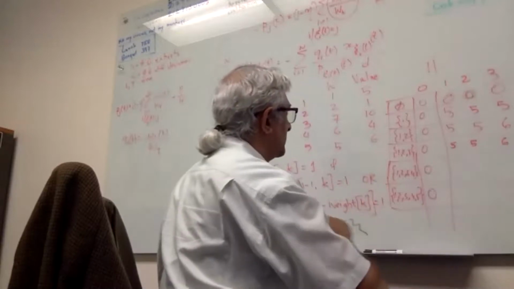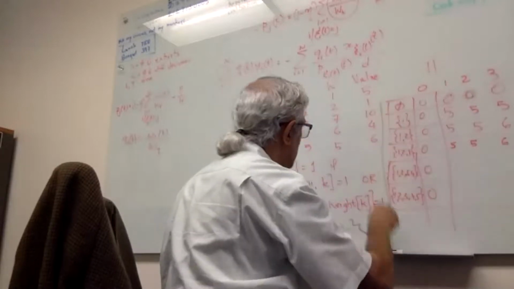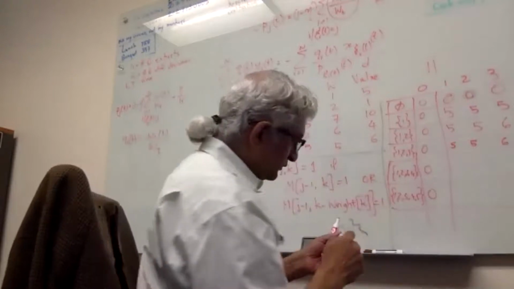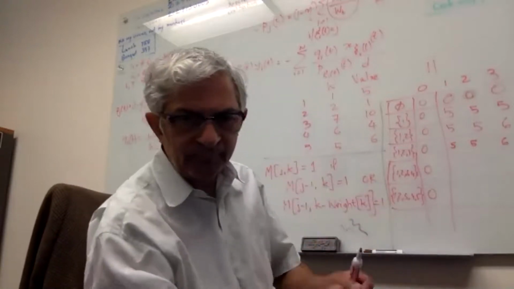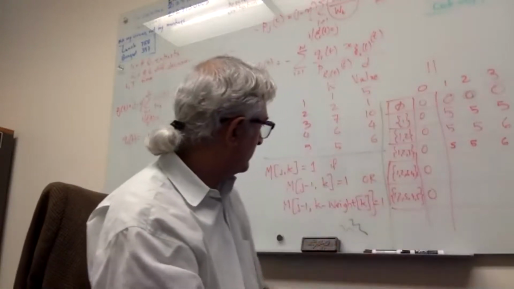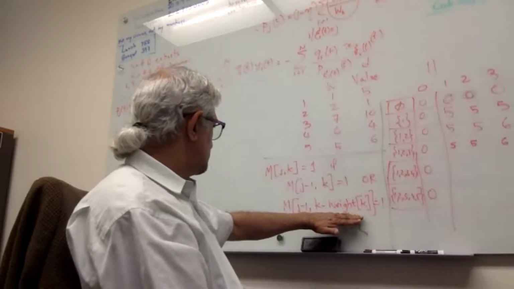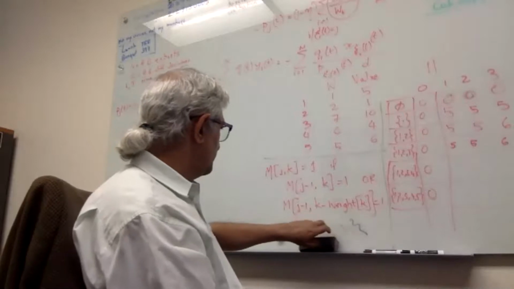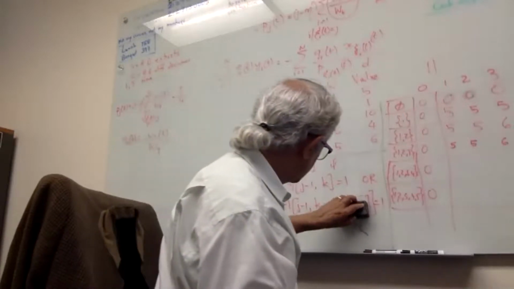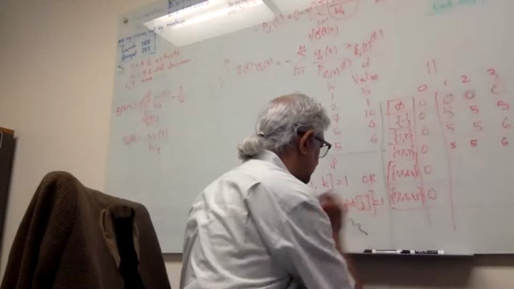Professor, give me just a second. So this was my condition. Why is it weight of k and not weight of j? You're right. It should be weight of j. Sorry. You're absolutely right. Thank you.